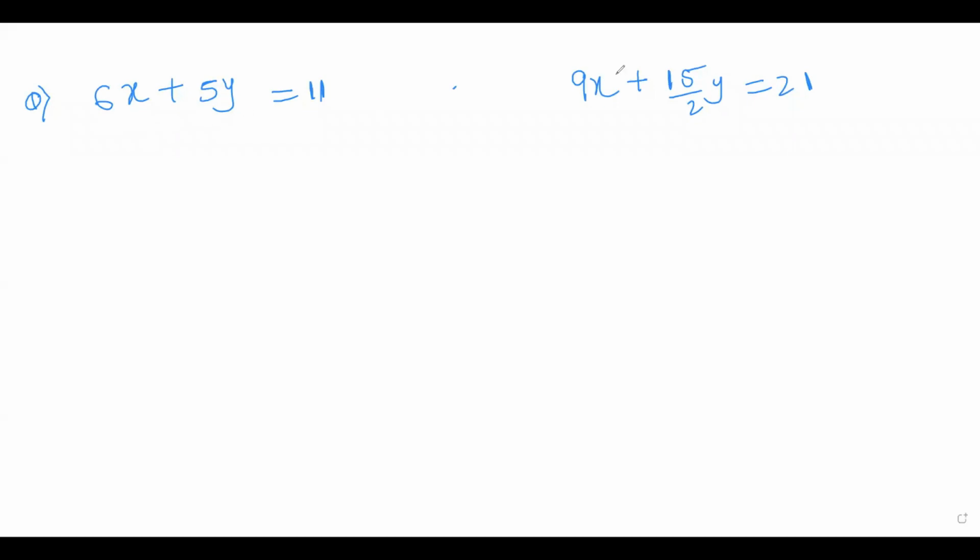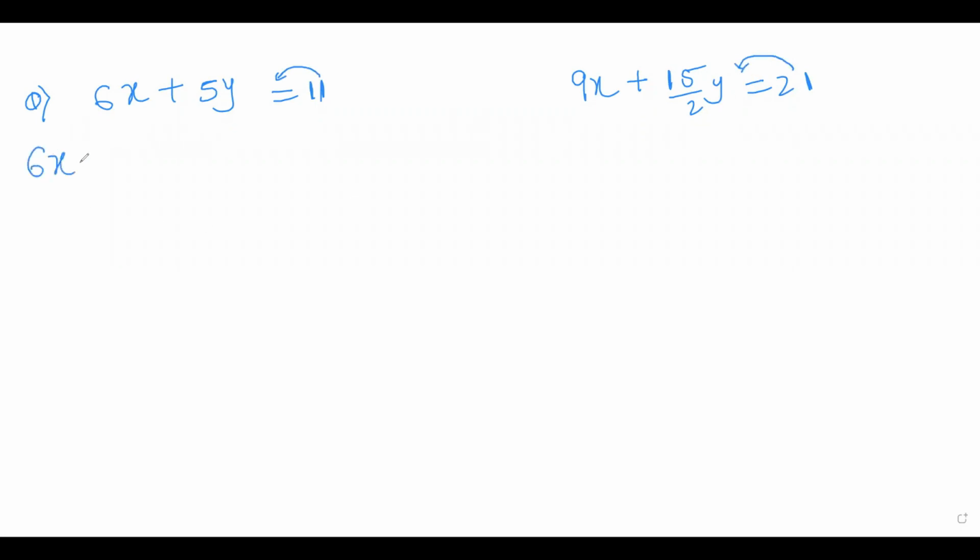So now these are the two equations. He is asking us to find how many solutions these two equations have, whether zero solution, unique solution, or infinitely many solutions. First of all, transpose 11 towards the left hand side. Similarly, transpose 21 towards the left hand side.